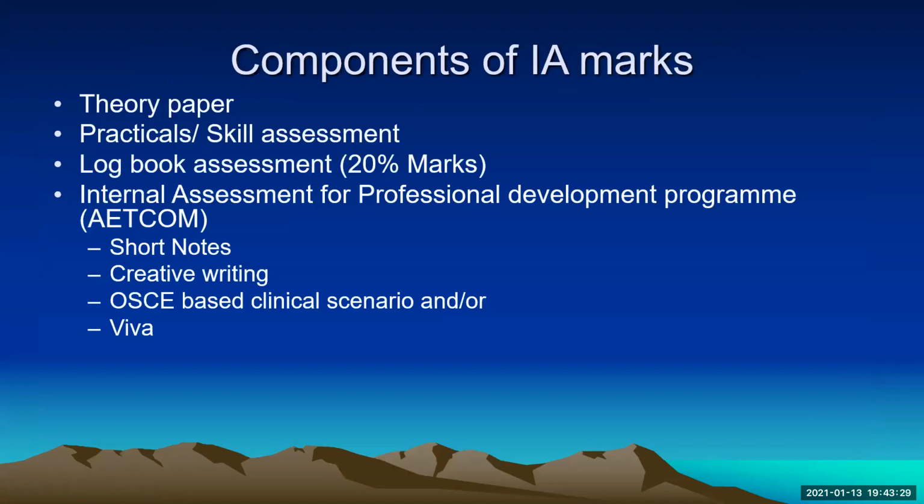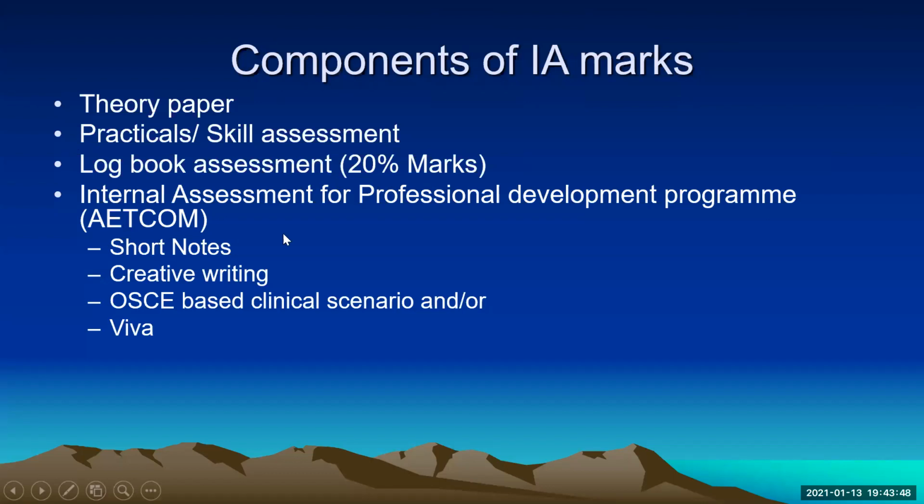So what will be the components of the internal assessment marks? We say that 100 marks are for theory and 100 marks for practical. So there will be theory papers, practical examinations, and logbook assessment, in which we have to give 20% of the internal assessment marks in theory and practical separately.